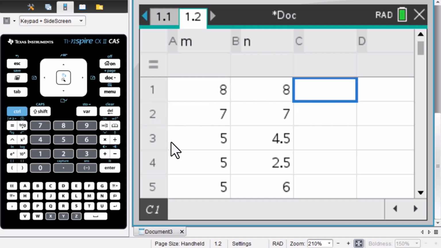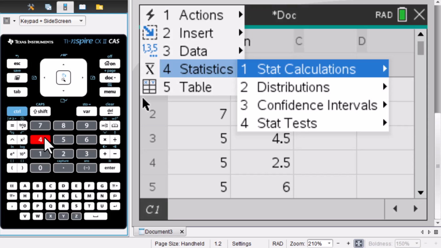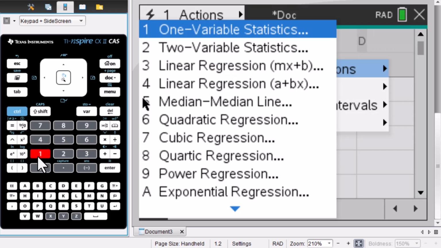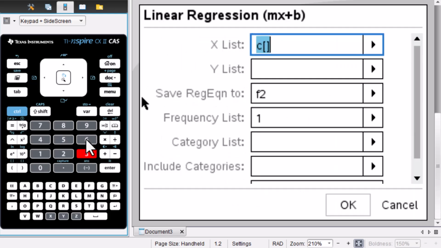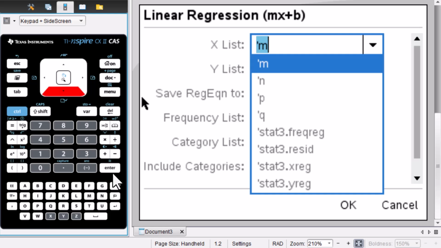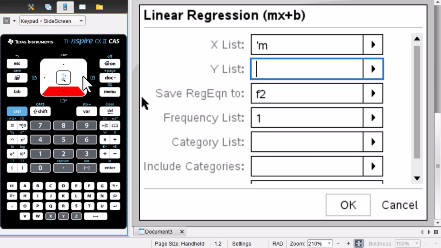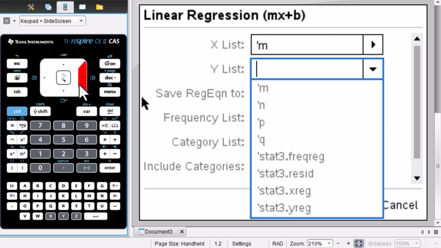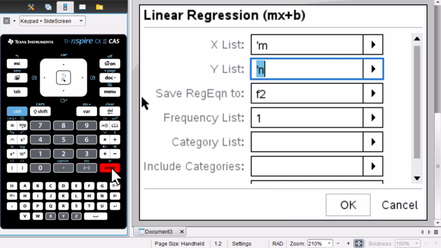After you put all the data in, cursor on an empty cell, go to Menu, 4, 1, go to 3, double click this right arrow button, M, go down, right arrow button, N, enter.